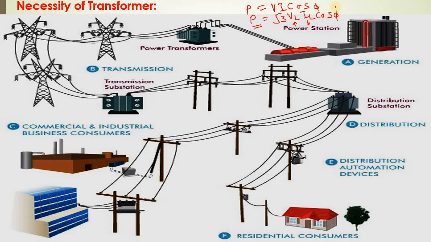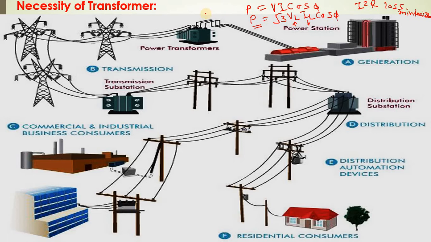As the current magnitude decreases, what are the advantages? As the current decreases, the I square R loss will be minimized, so losses are minimized.